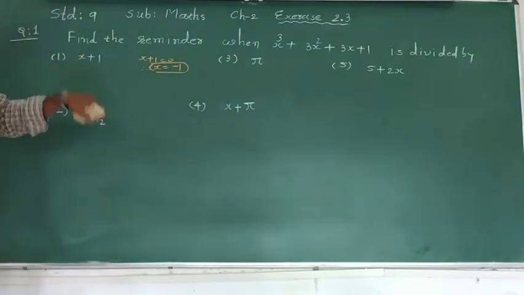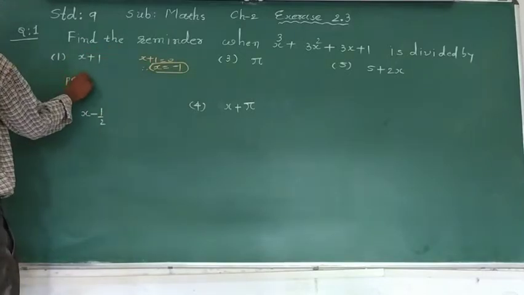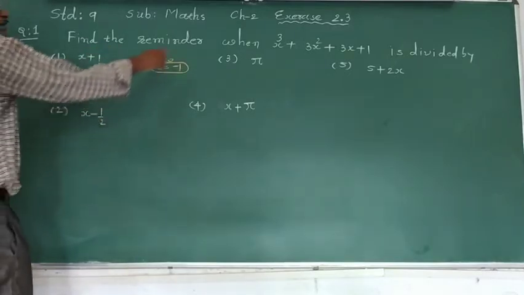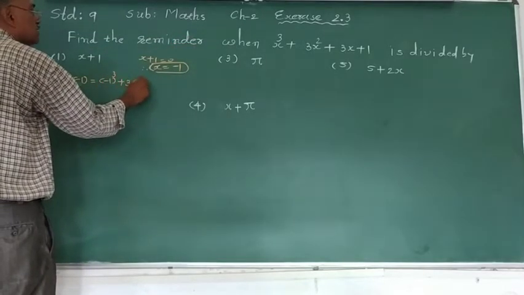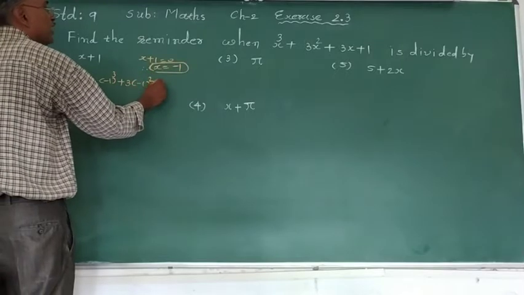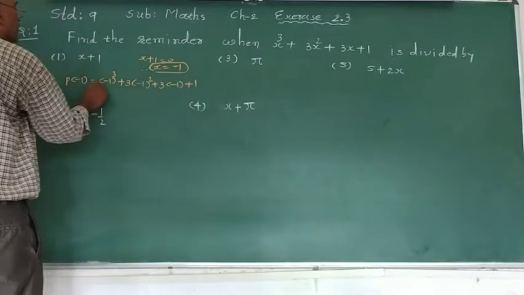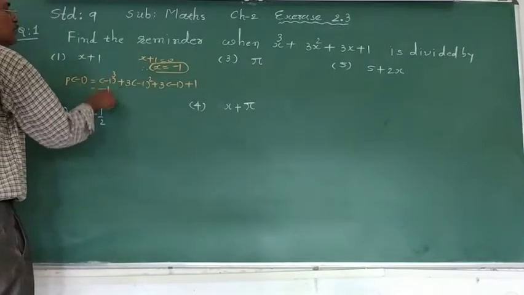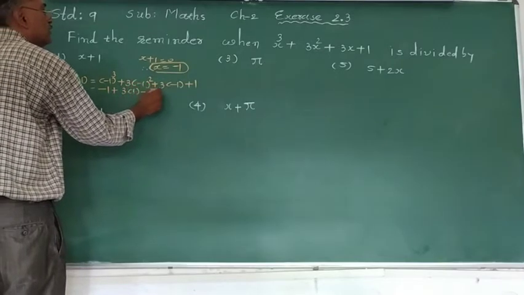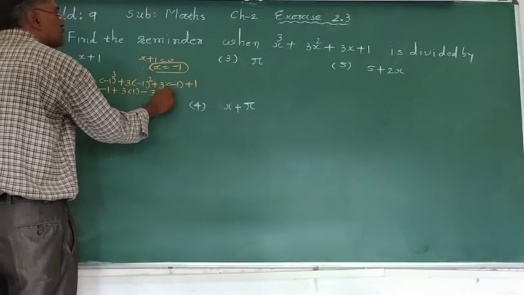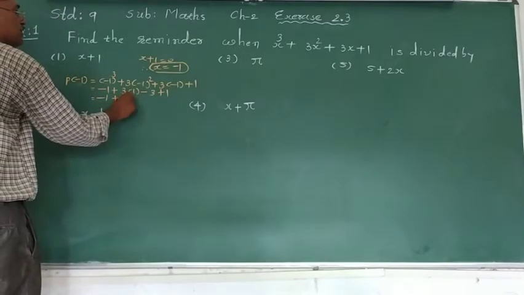So put the value of minus 1 in the given polynomial. p of minus 1 equals minus 1 cube plus 3 into minus 1 square plus 3 into minus 1 plus 1, which is minus 1 plus 3 minus 3 plus 1.